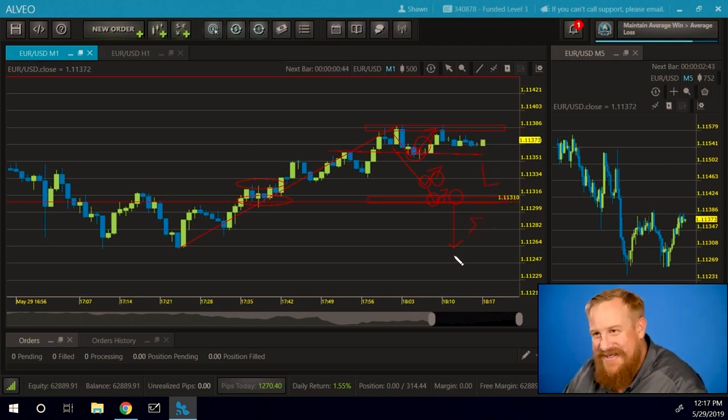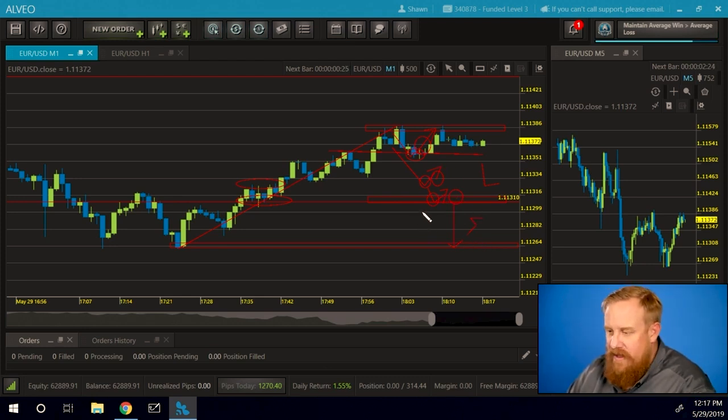L for long, S for short, and anything between that 62% and 100%. So this is 100% down here. Anything between 62 and 100%, now I'm looking to close out of these longs, get into a short position.